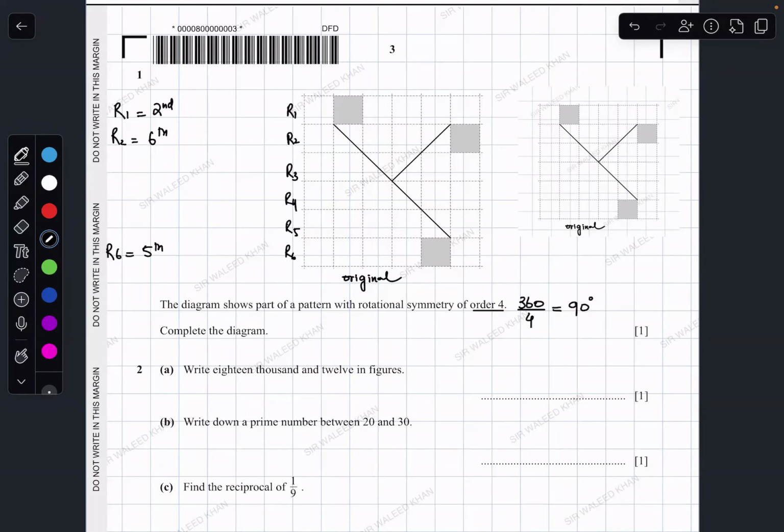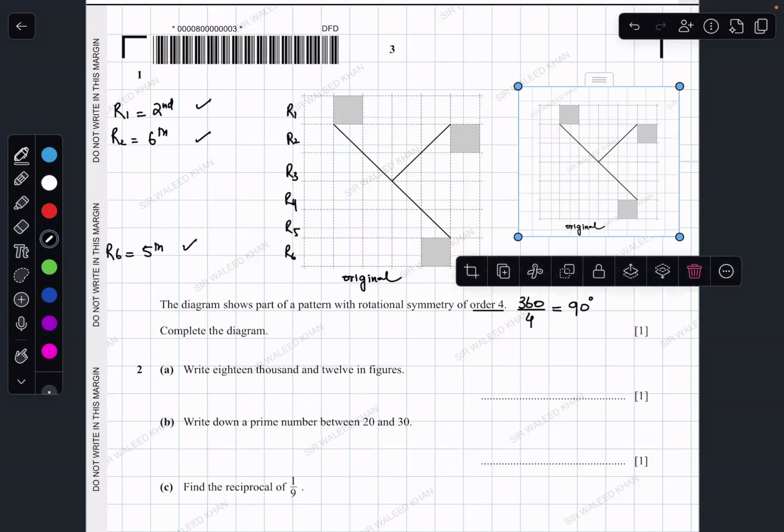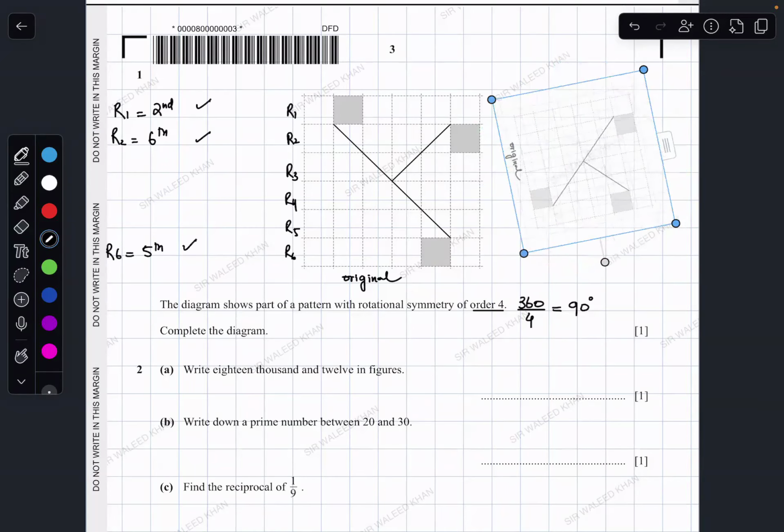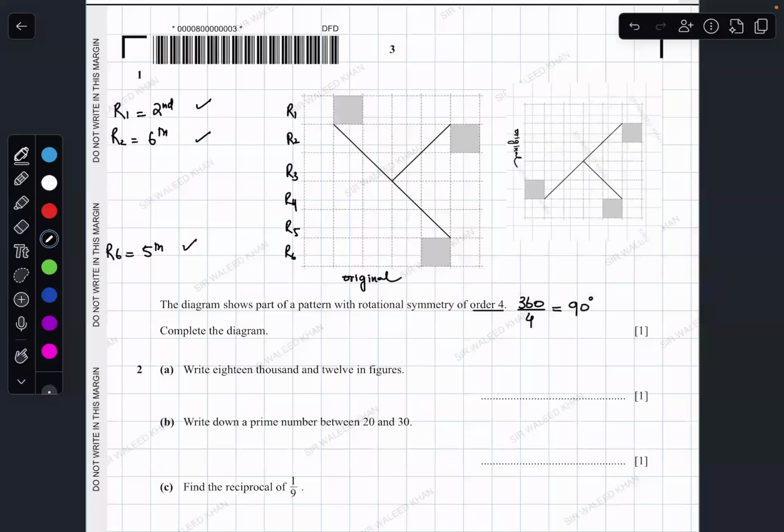Now, even when I rotate the paper, these boxes should be shaded. इनमें से अगर कोई भी shaded नहीं होगा, if there is a box which is not shaded amongst these, we have to shade it. So I'm going to rotate the paper 90 degrees like this, and let's mark it.